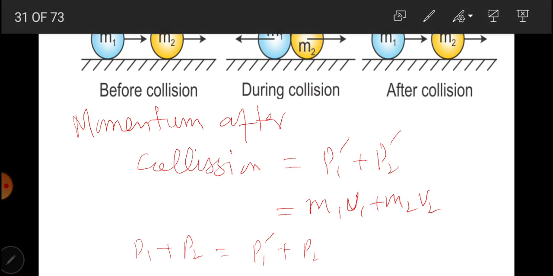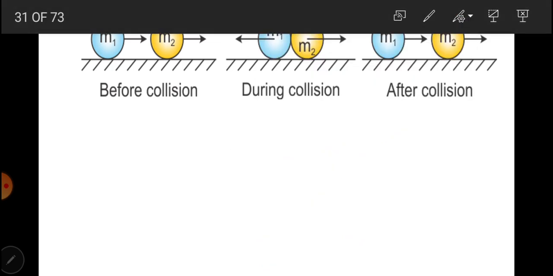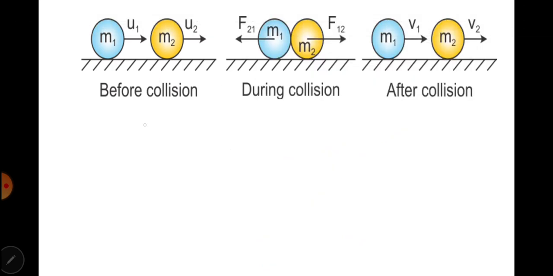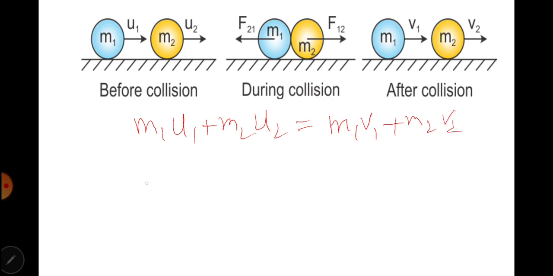m1 u1 plus m2 u2 is equal to m1 v1 plus m2 v2.